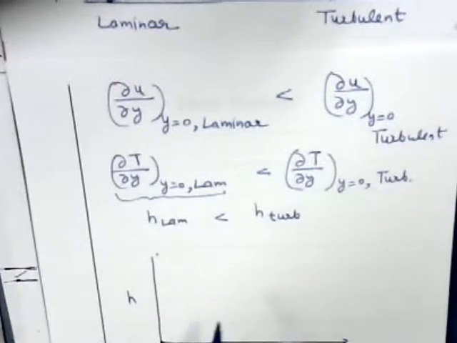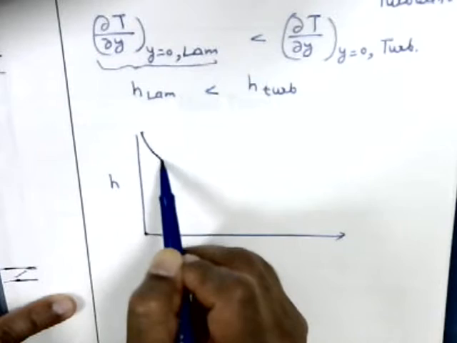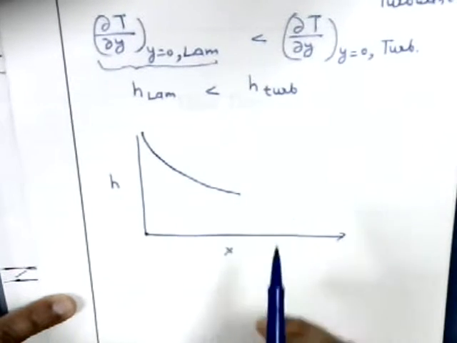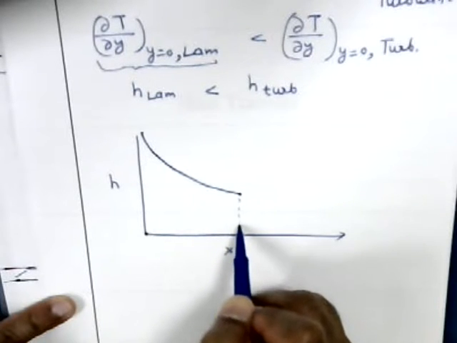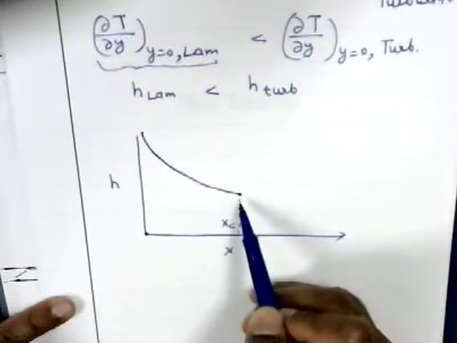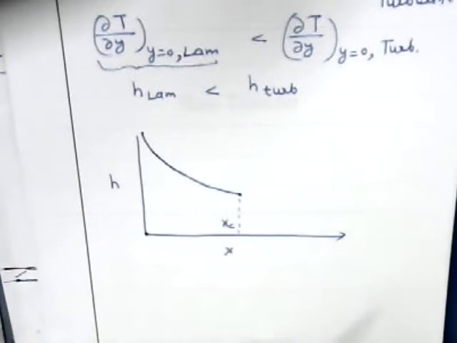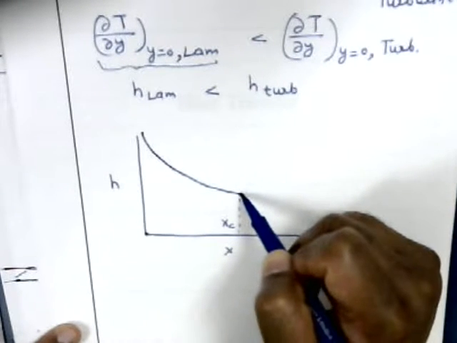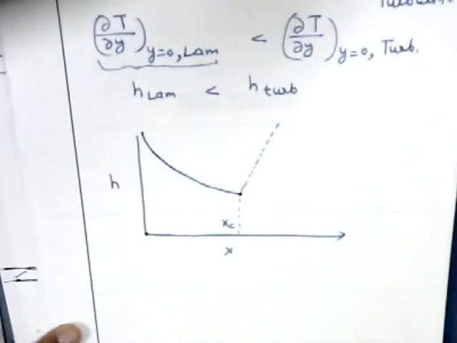So it's very large and then it drops. Okay. So let us say at this point this corresponds to say xc, and now the flow beyond this is in the transitional region. So it is sometimes laminar, sometimes turbulent, and the convection coefficient increases. So it's like this.